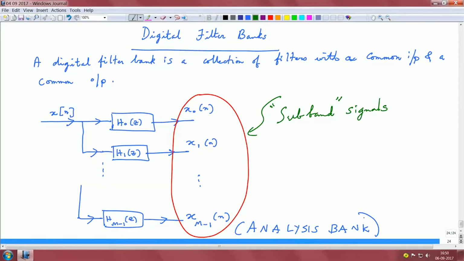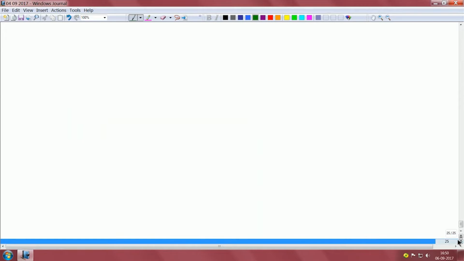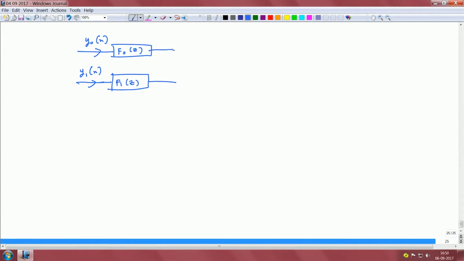So, like the way we have this analysis bank, one can think of a synthesis bank, which is again pretty straightforward. So, we have signals y naught of n, y 1 of n, so on, and they are passed through some set of filters.